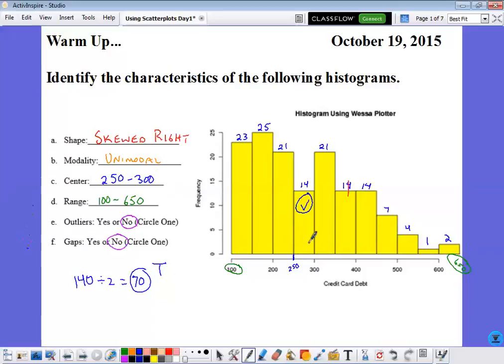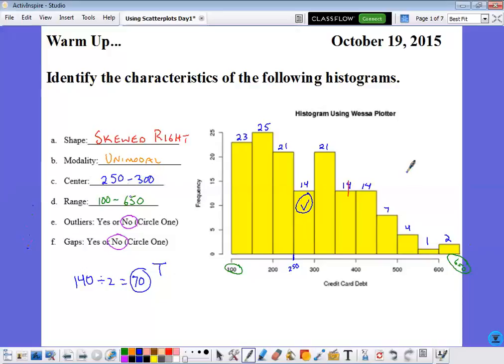However, I'd rather use the 300 than use, say, 299. The reason being is that if it's continuous data, we could have 299.99, and then we could go even further than that. So to make it simple, I'm going to represent this center with that range of 250 to 300, and I would accept if you did the same as well.